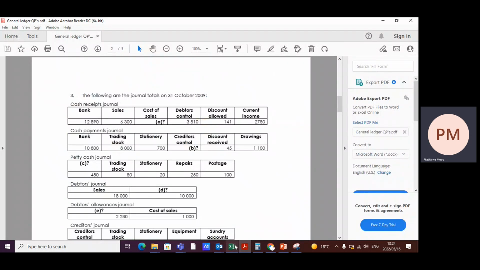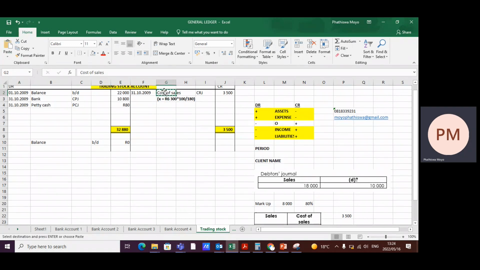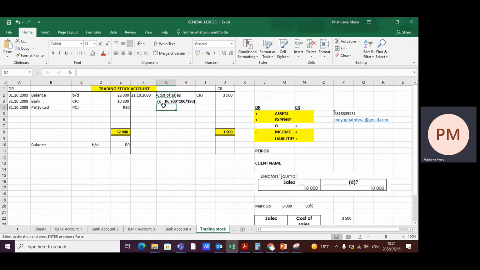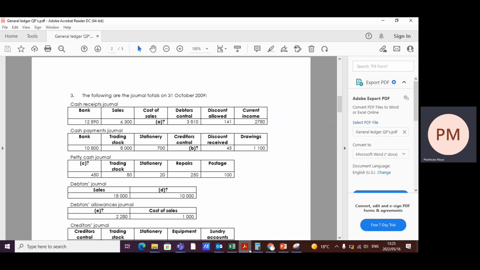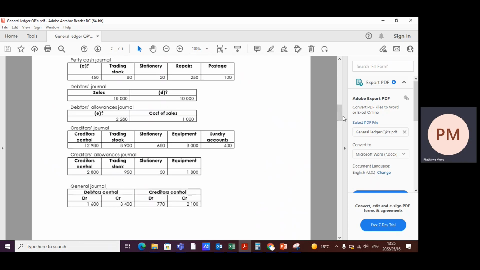Even in the debtors journal, this is us selling on credit. So our stock decreased because we sold for 10,000 Rand. Then the debtor was not happy with us.